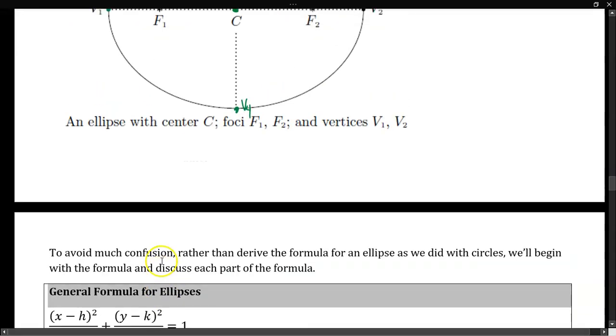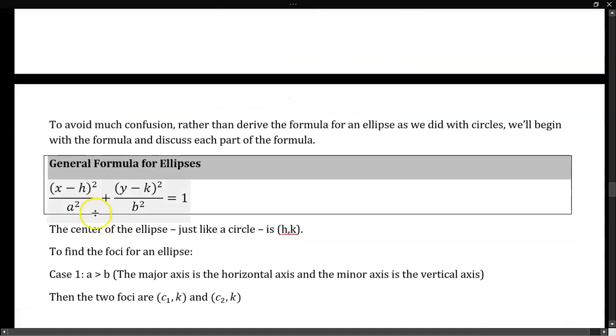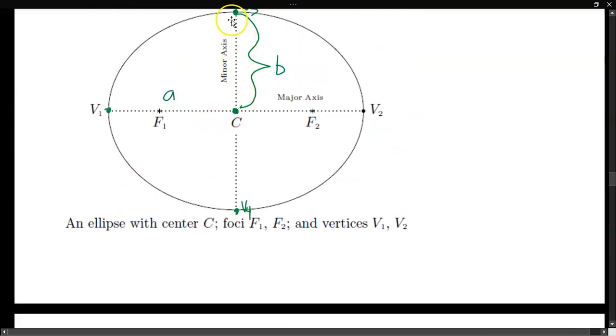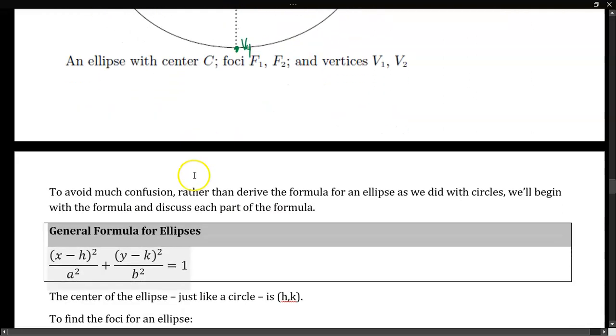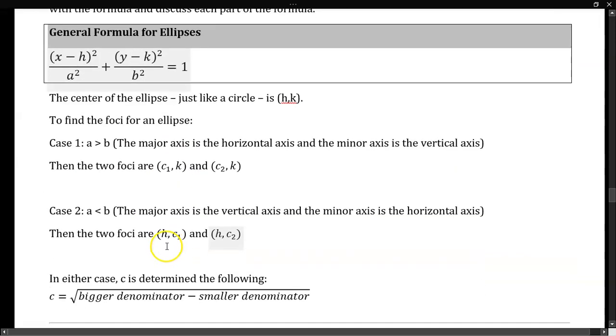If we go back and look at this again, in this case A is larger than B, so the x-axis is going to be your major axis, and the distance from the vertex to the center is this A value. And the distance from the center to the vertical vertex points is your B value. And again, that's going to be the square roots of whatever numbers you have in your denominator.